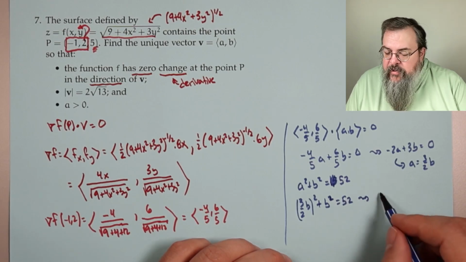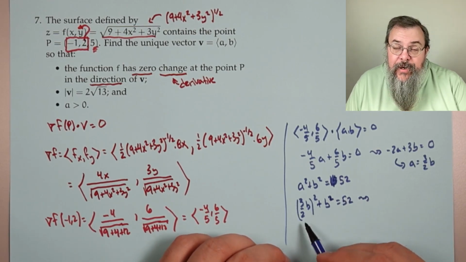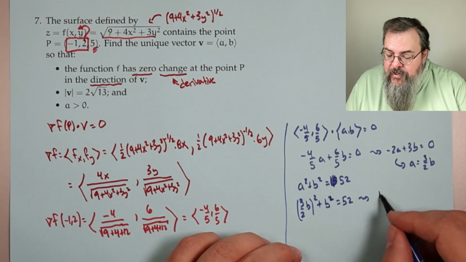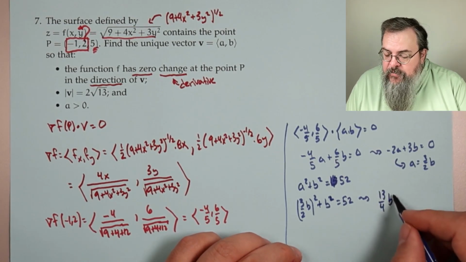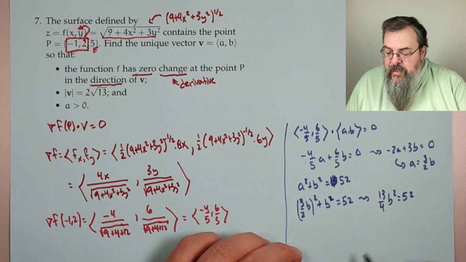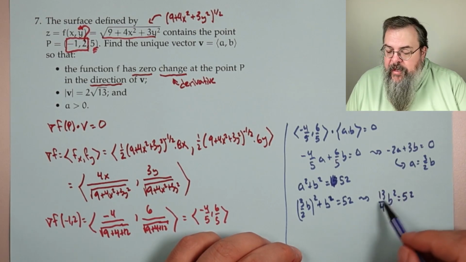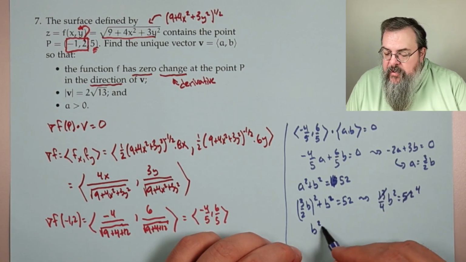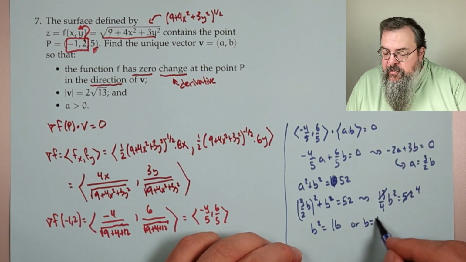Well, 3/2 squared is 9/4, plus 4/4, 13/4 b squared is 52. I can divide both sides by 13, and then I multiply both sides by 4. That tells us b squared equals 16, or b equals plus or minus 2.